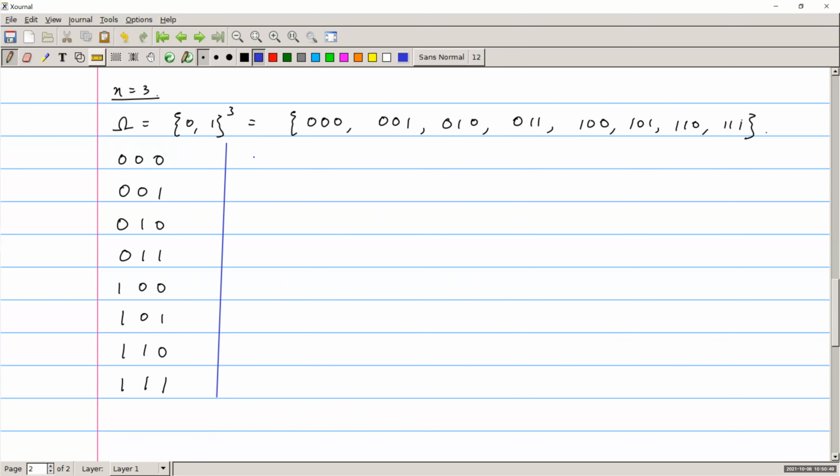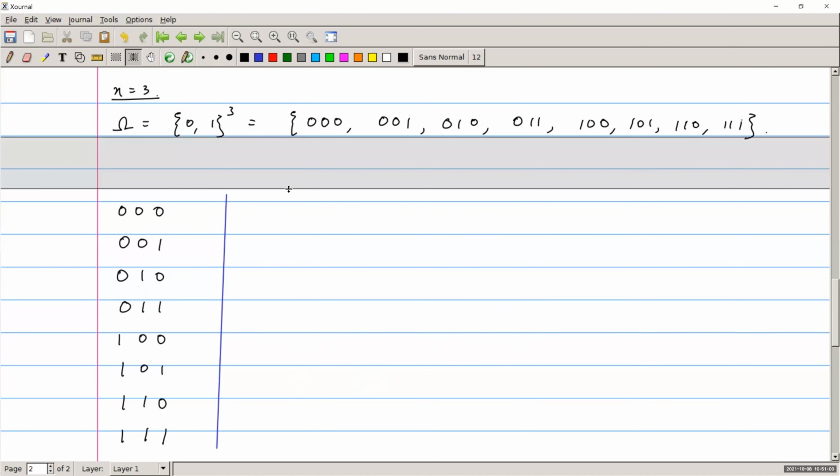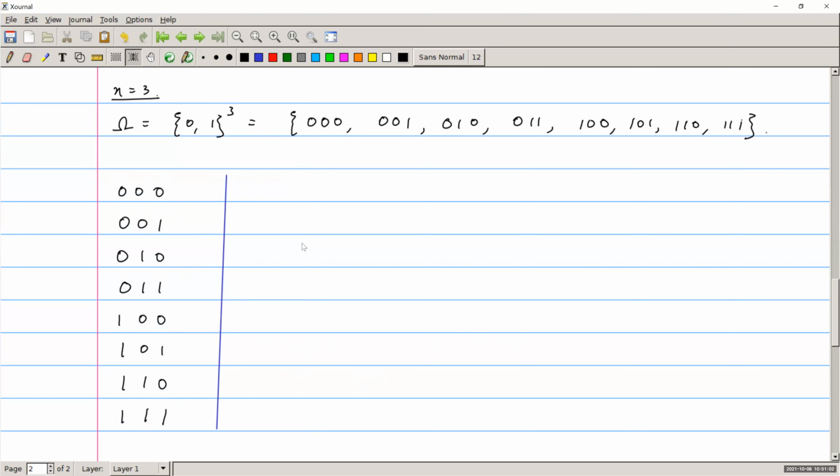The probability here, with 3 zeros, is 1 minus p. So let me write the number of ones and the number of zeros. This is x1, x2, x3. This is the number of ones, k. This is the number of zeros, which will be n minus k.